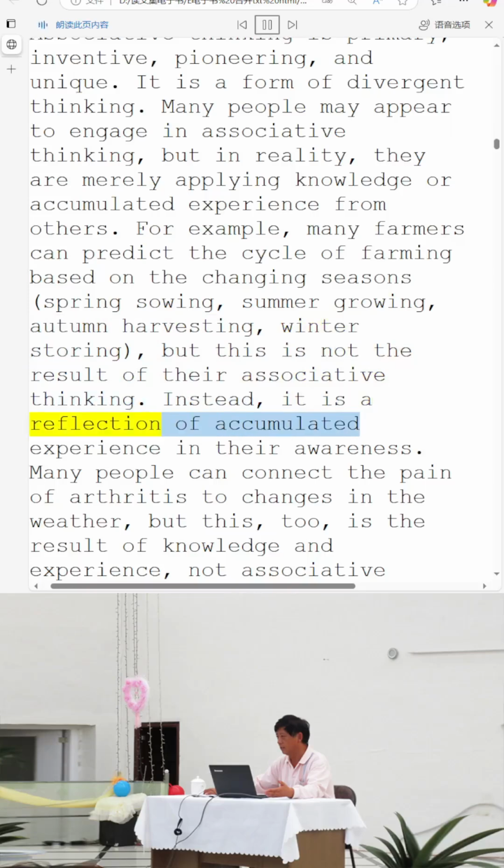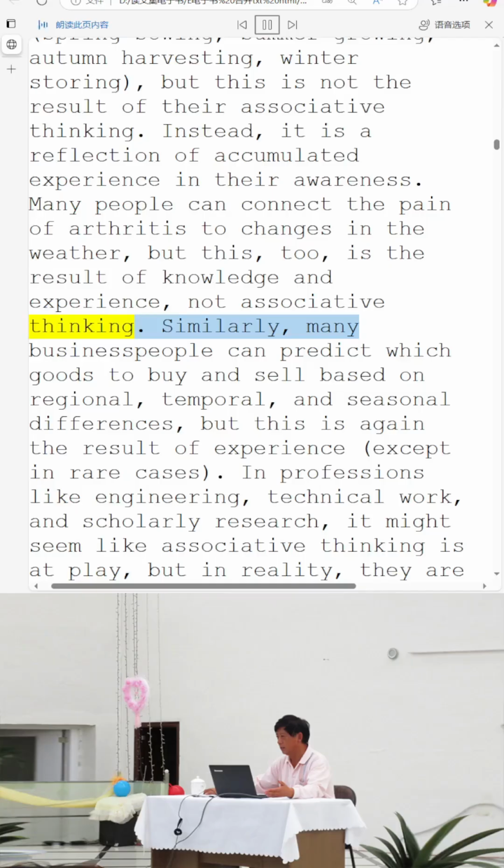Instead, it is a reflection of accumulated experience in their awareness. Many people can connect the pain of arthritis to changes in the weather, but this, too, is the result of knowledge and experience, not associative thinking. Similarly, many businesspeople can predict which goods to buy and sell based on regional, temporal, and seasonal differences, but this is again the result of experience, except in rare cases.